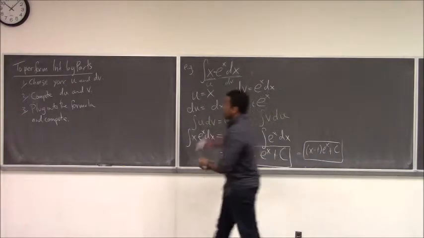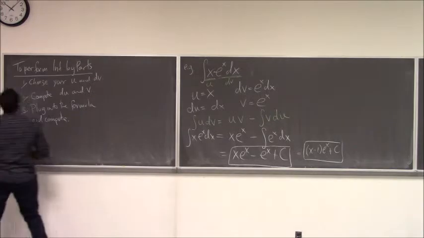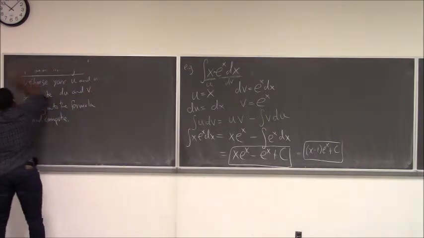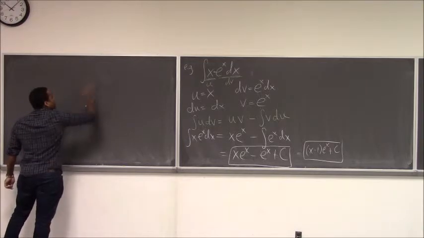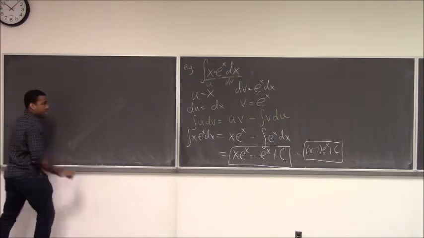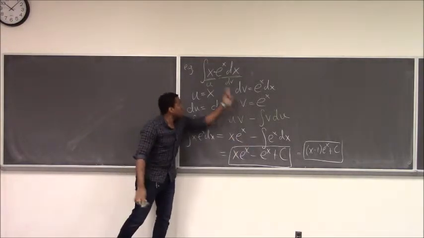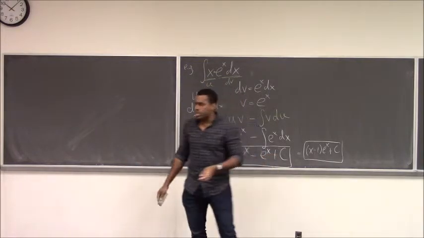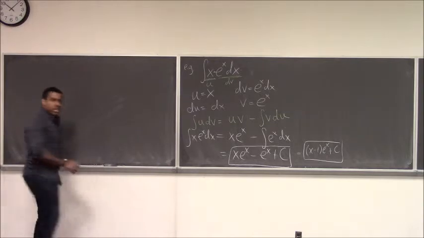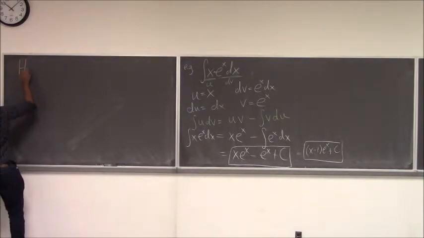Now, if you really think about what you're aiming at, trying to get an easier integral, it was almost obvious that x was the choice I should have made here. But in general, it's not going to be obvious, so now I'm going to tell you how to choose.